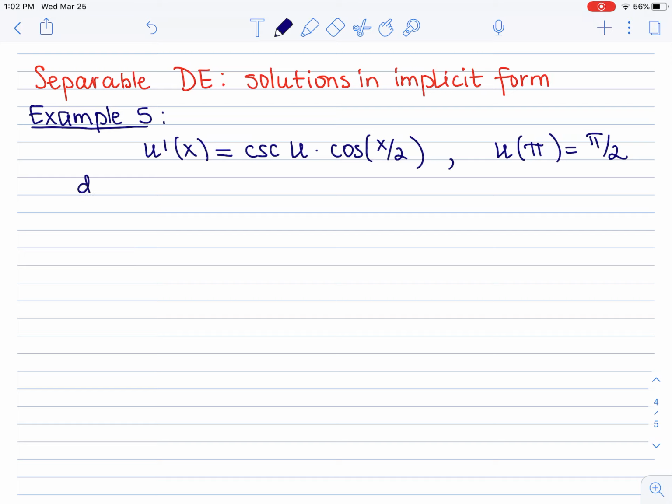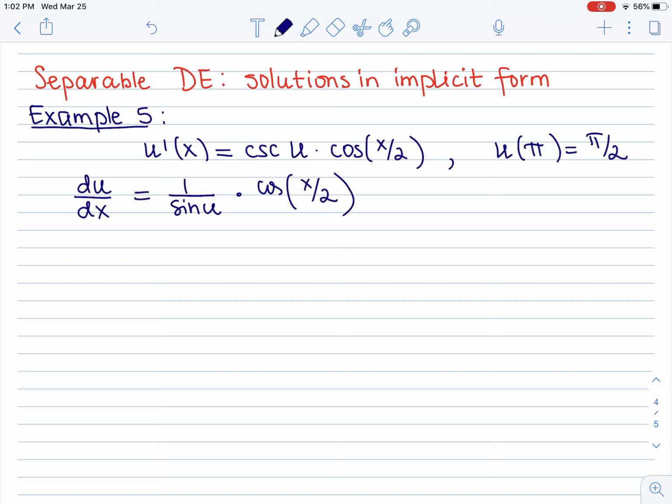The first step is exactly the same as before. We need to separate our equation. Let's rewrite du dx for u prime. Here we get cosecant of u, which you can think of as 1 over sine of u, times cosine of x over 2.